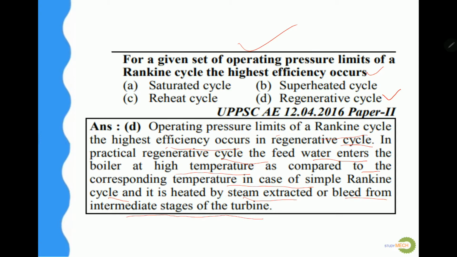So basically, in the economizer we use heat to increase the temperature of feed water, and that heat comes from the bleed from the intermediate stage of the turbine.